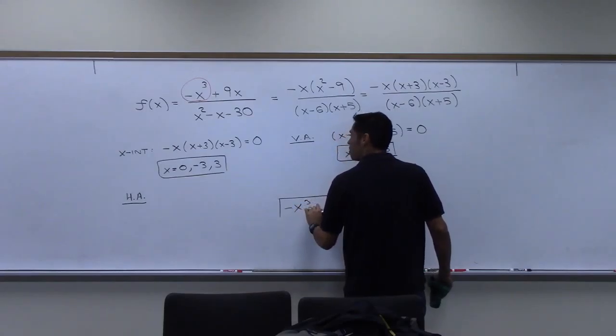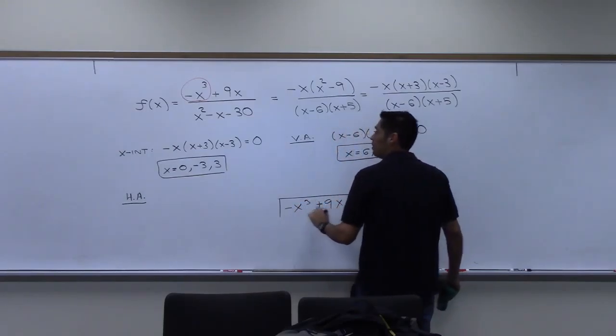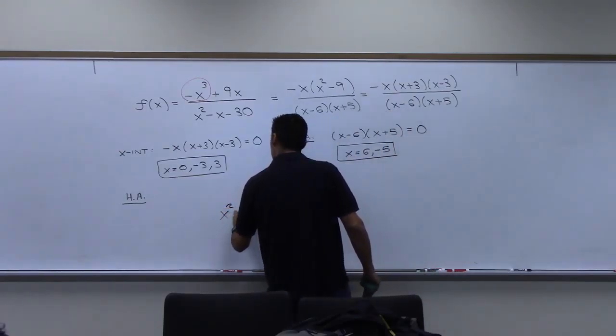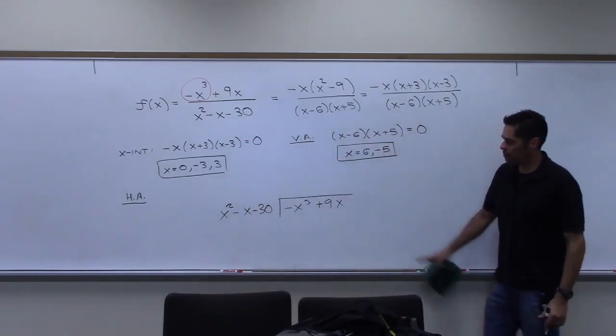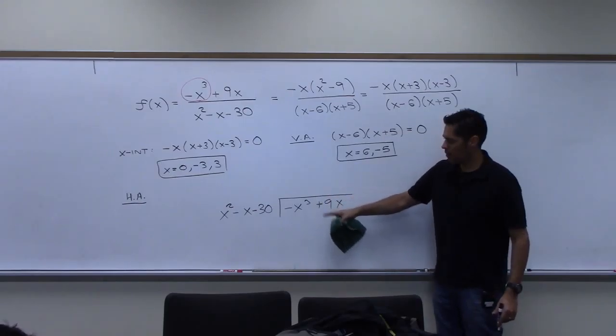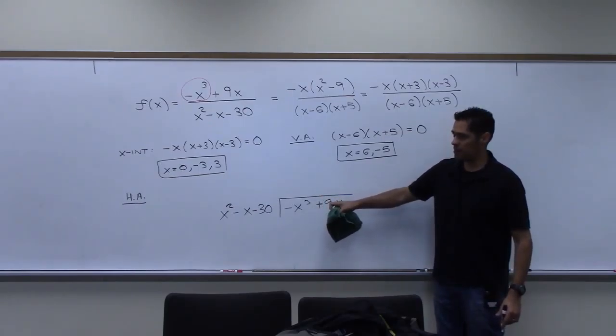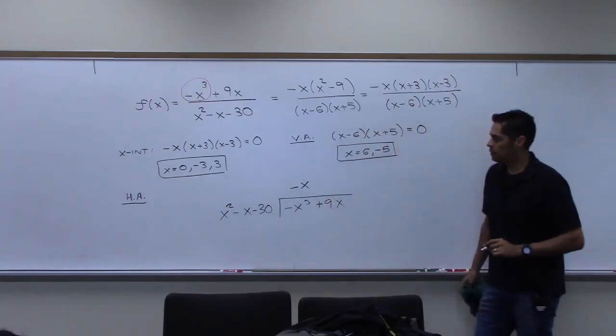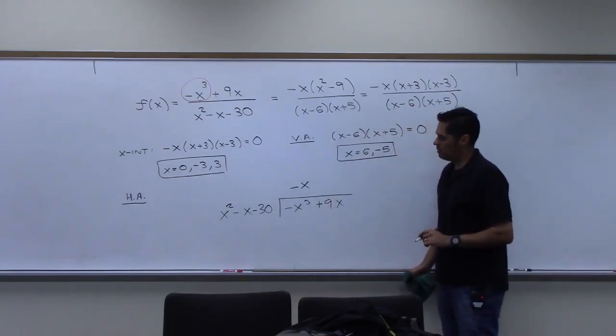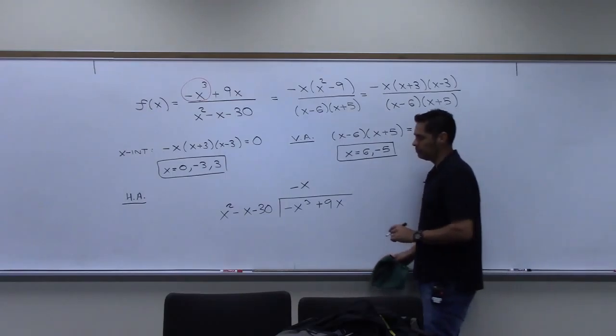I'm going to ask you to do this later, so you may as well do it now. If I did long division, what would I put up here to start? Negative x. Right. Negative x, right? Understand? And then that'd be negative x cubed.